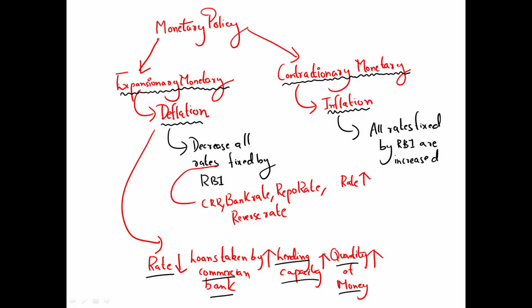When all the rates are increased, the loans taken by commercial banks decrease, as loans are highly expensive. Taking a loan is very expensive as the rate fixed by RBI is high. As a result, commercial banks stop taking loans, and the lending capacity of the commercial banks diminishes.